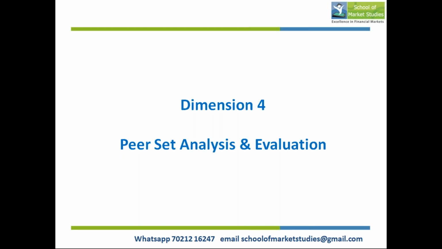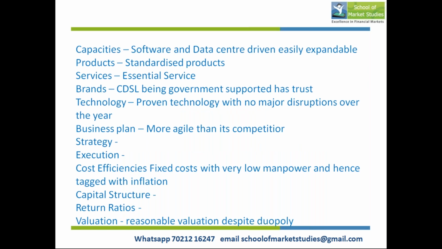right? And let's now undertake the fourth dimension of analysis, which is the peer set analysis and evaluation. Okay, so every time when you take understanding of business, let us look at the following things that we use as a checklist. Okay, when you're doing peer, so capacities.